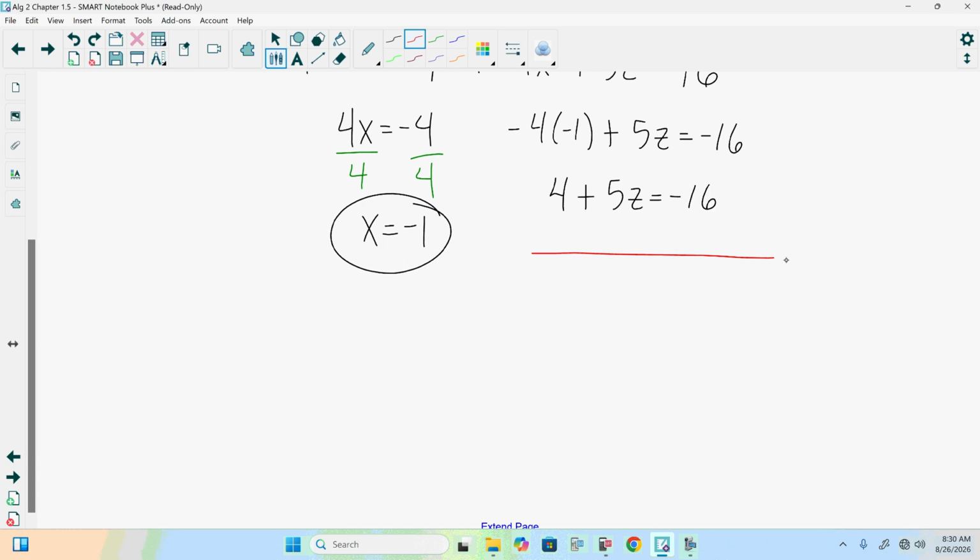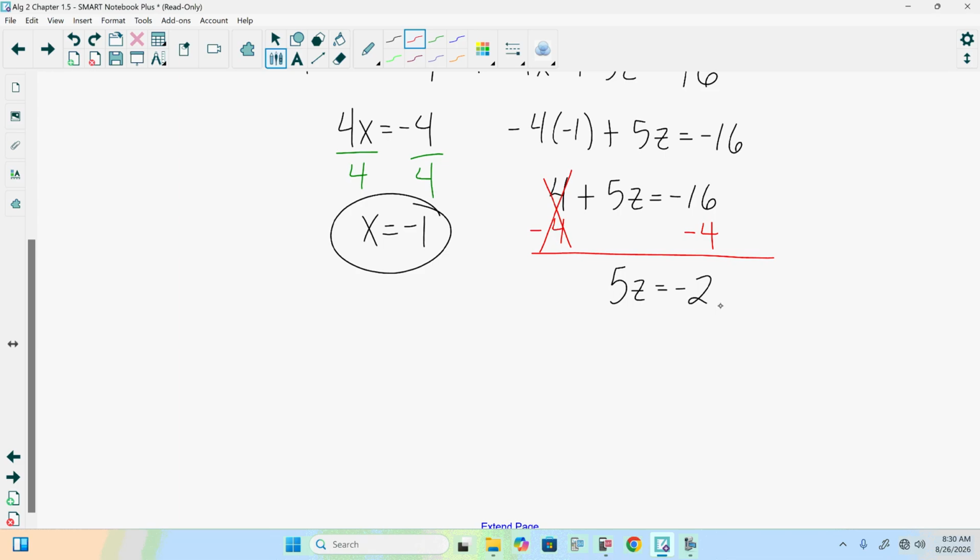To get z by itself, we would subtract 4 from both sides, because 4 minus 4 is indeed 0. Negative 16 minus 4. Negative, getting bigger negative. You're good.